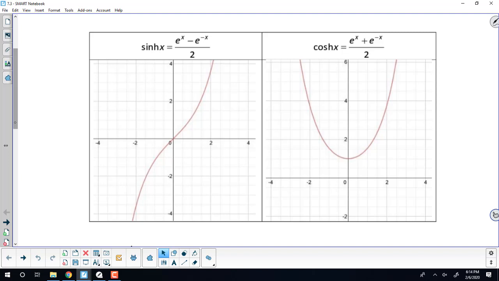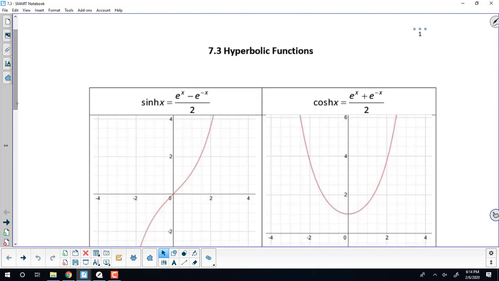We're going to start off with defining both the hyperbolic sine function and the hyperbolic cosine function, and then we'll try to make a connection to where they come from. This is hyperbolic sine, hyperbolic cosine. Sometimes hyperbolic sine is pronounced sinh, and hyperbolic cosine is pronounced cosh. But you can call them hyperbolic sine and cosine if you want.